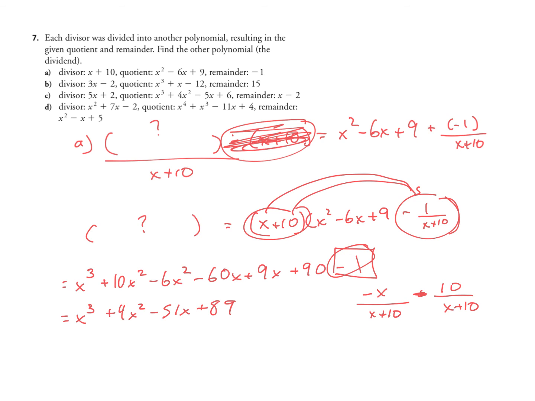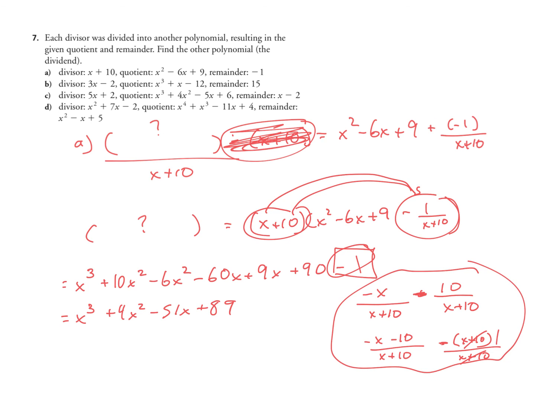You're going to get minus x minus 10 over x plus 10, which is equal to negative x plus 10 over x plus 10. And x plus 10 over x plus 10 is just 1. So minus 1. That was the long way to do it, not necessary. Anyway, this is our answer.